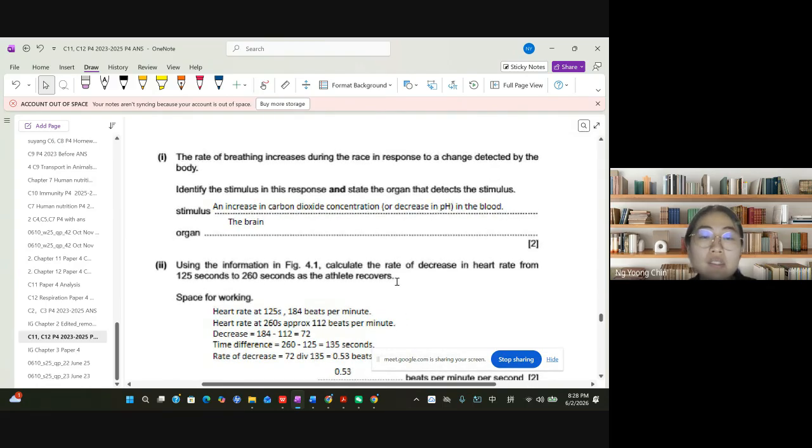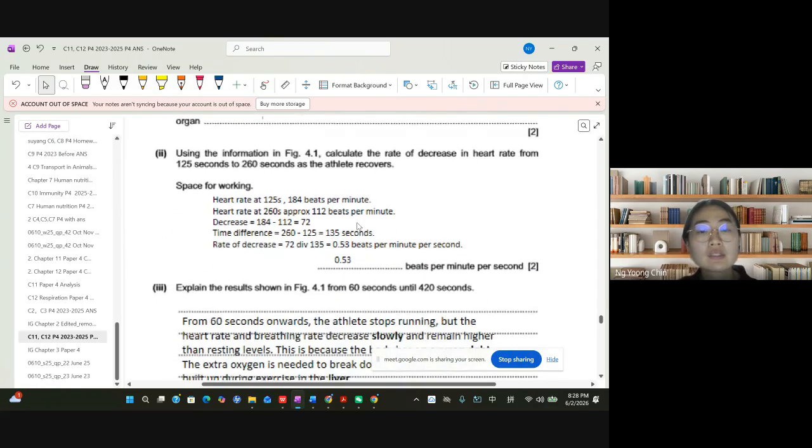So at this point, the rate of breathing increased during the race in response to the change detected by the body. Identify the stimulus and state the organ that detects the stimulus. So what's the organ? Which is the brain, okay, the brain. The brain will detect it and then respond to it. So the stimulus will be the increase in the carbon dioxide level in the blood.